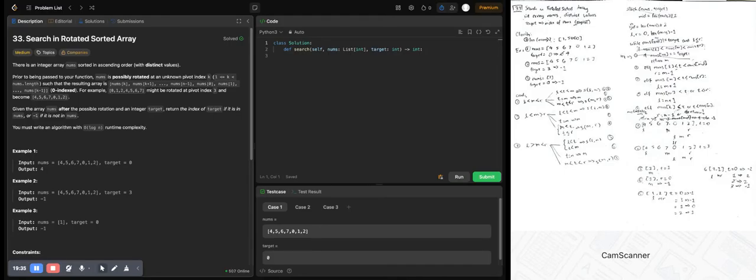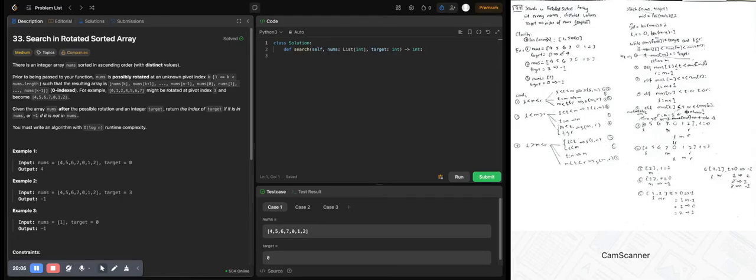Then I think it's just a bunch of if else here. Let me see if I can do this in a better way.